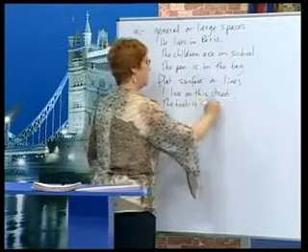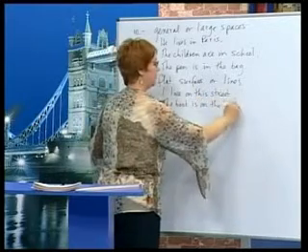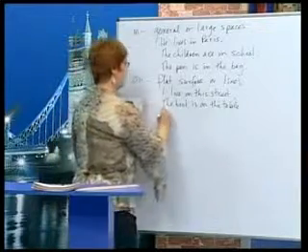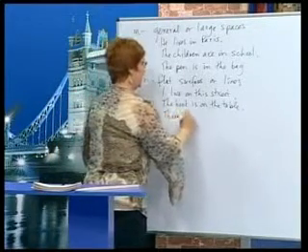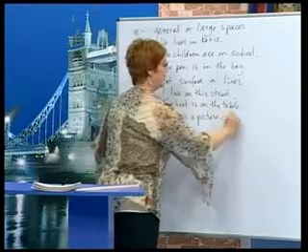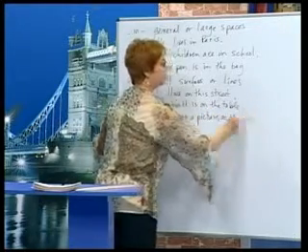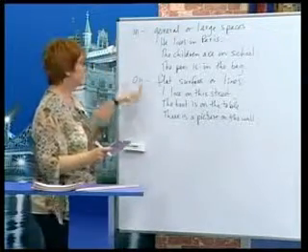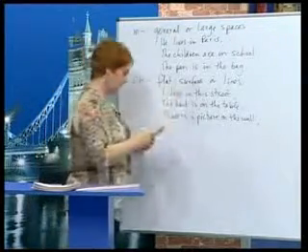The book is on the table. And there is a picture on the wall. Okay? So these are flat surfaces or lines.